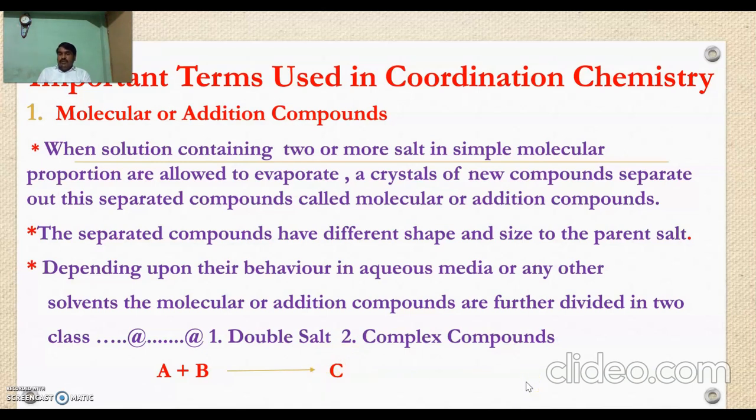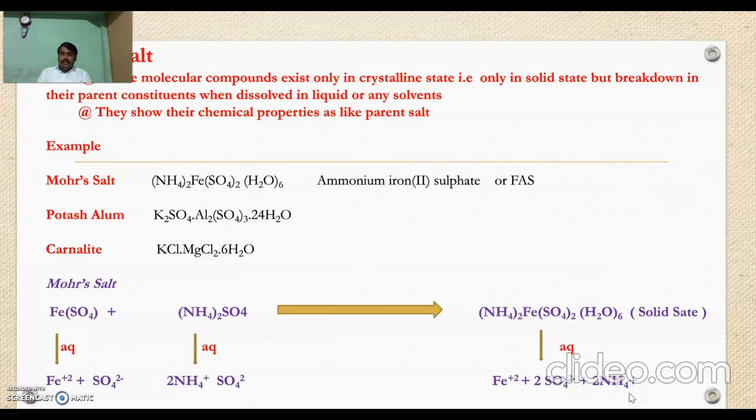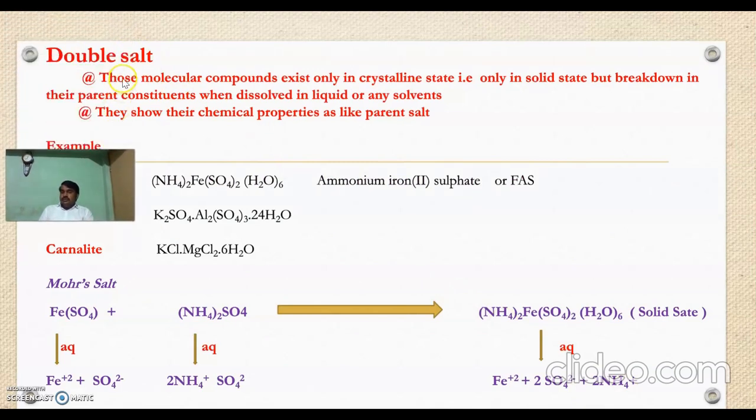So we will discuss what is double salt and what is complex compound. So firstly we see what is a double salt. Those molecular compounds exist only in crystalline state, that is only in solid state, but break down into their parent constituents when dissolved in liquid or any other solvent.